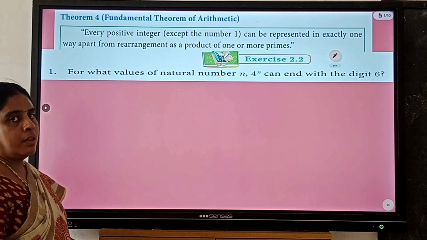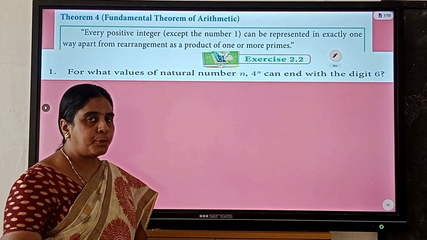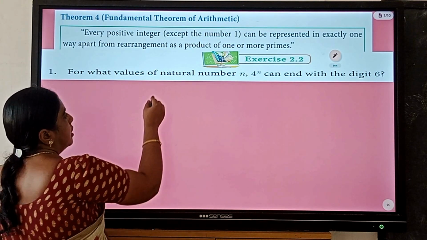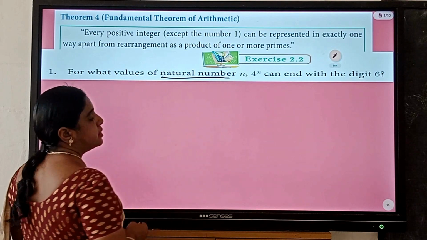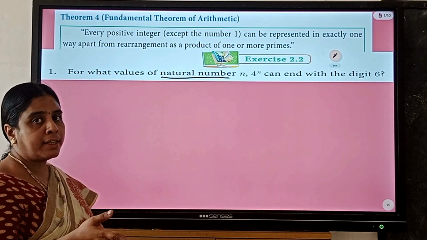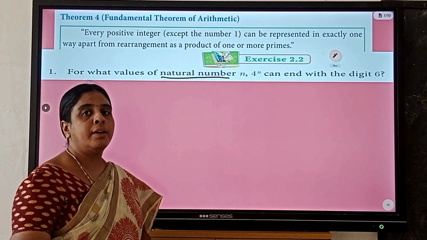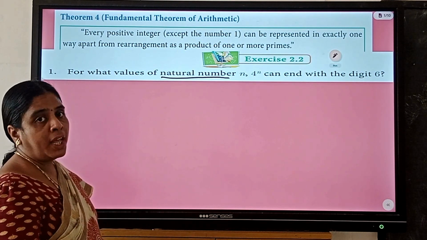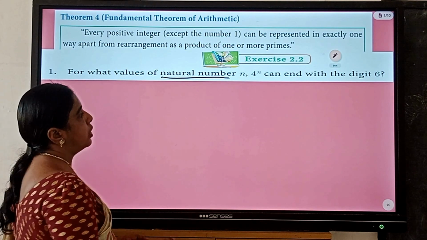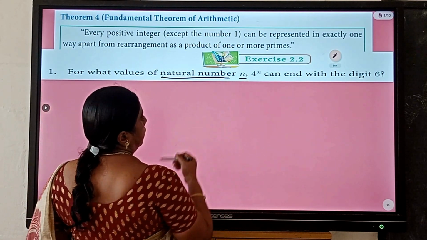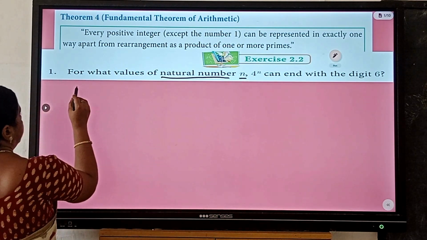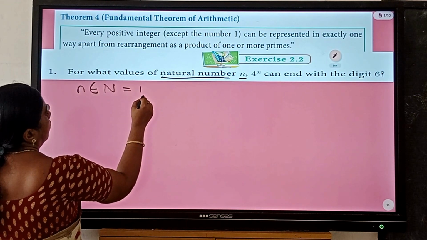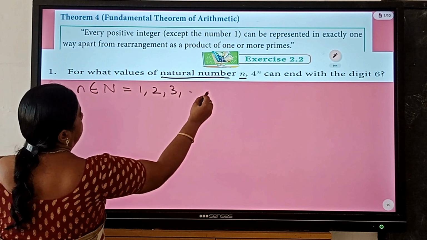Now the first sum of exercise 2.2 asks: for what values of natural number n can 4 power n end with the digit 6? What is a natural number? Numbers greater than 0 are the natural numbers, so from 1 the natural numbers go on: 1, 2, 3 and so on.